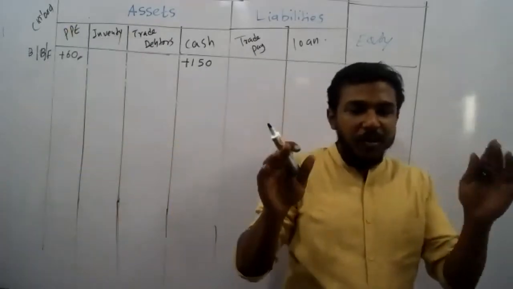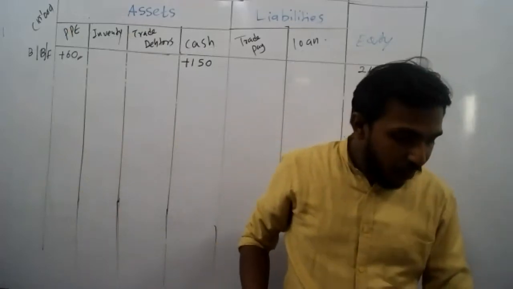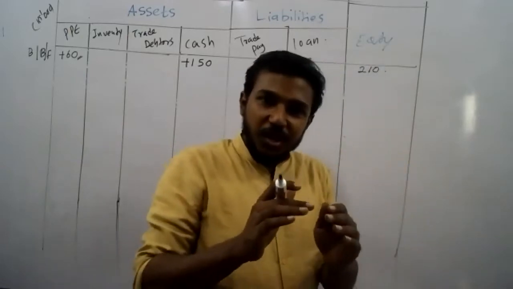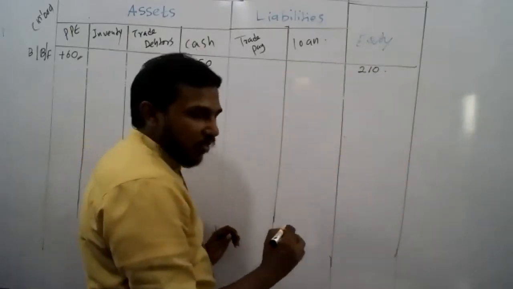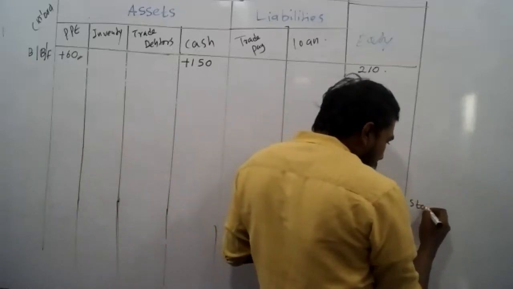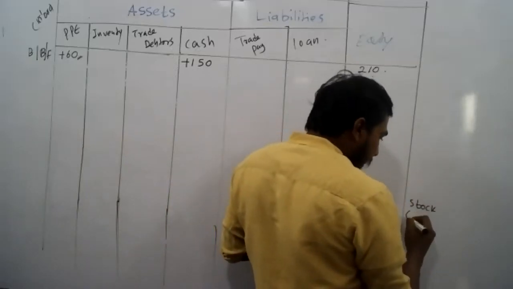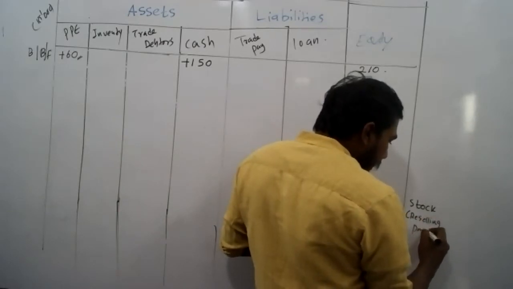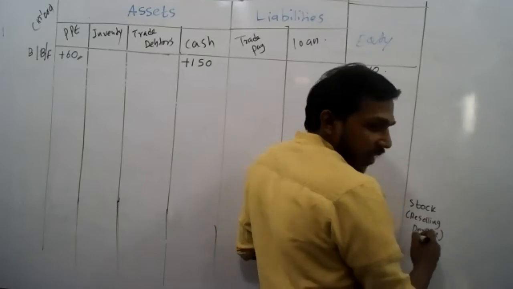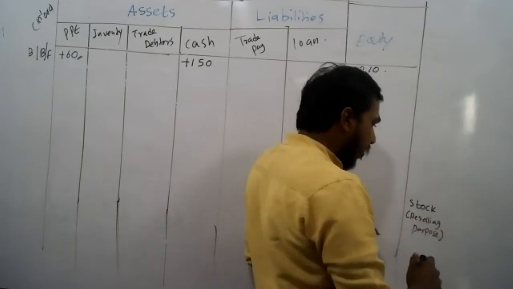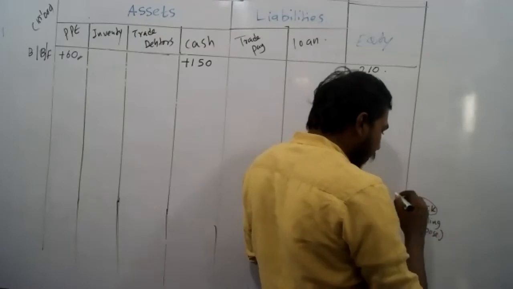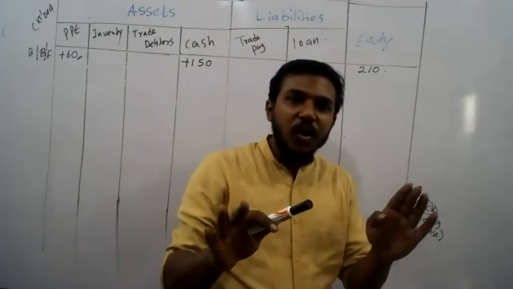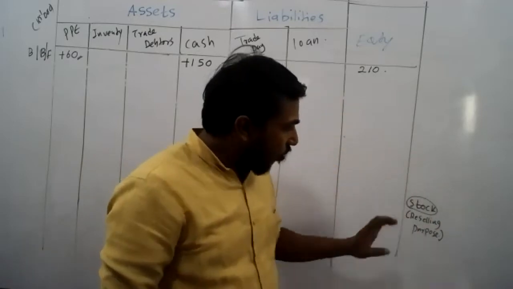Then now we can go one by one through the transactions. First one, see, they are running a stationery shop. Now what is their stock? Stock means, keep it in mind, if you are going to purchase something for reselling purposes, then it is called stock.